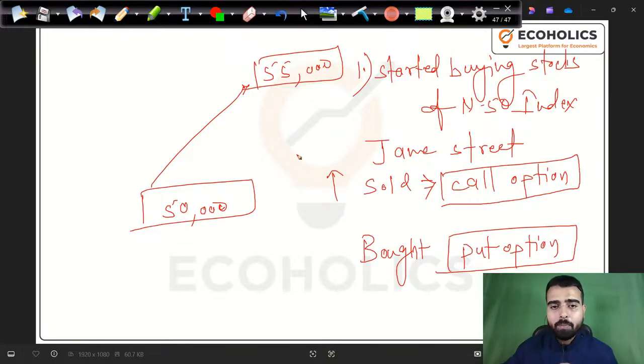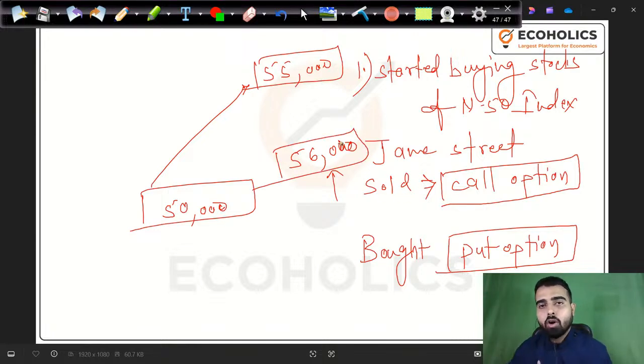It means if the price goes to 56,000, then they kept the strike price of the call option at 56,000. It means if prices go up from 55,000 to 56,000, the buyer of this call option can exercise.